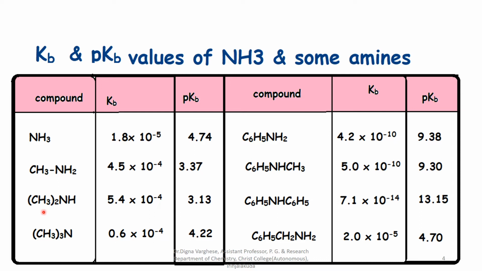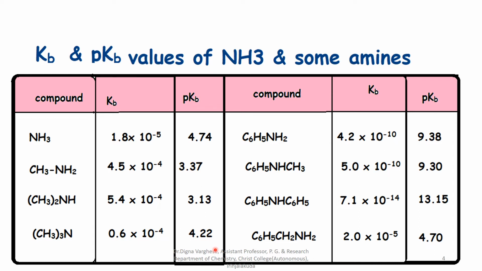For dimethylamine, it is 5.4 times 10 raised to minus 4, and its pKb value is 3.13. For the tertiary amine, the Kb value is 0.6 times 10 raised to minus 4, and its pKb value is 4.22.